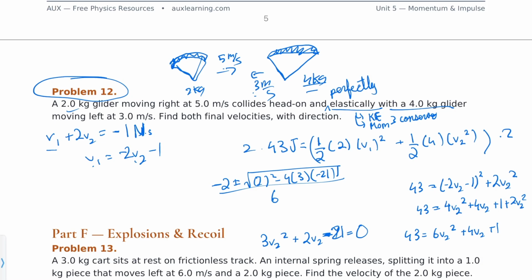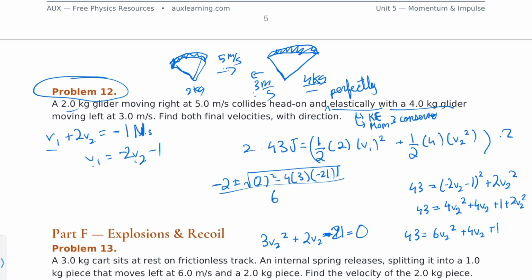So 3v2 squared plus 2v2 minus 21. And we have 2 answers here, okay? I have 2 answers. That makes sense because I'll explain why in a second.